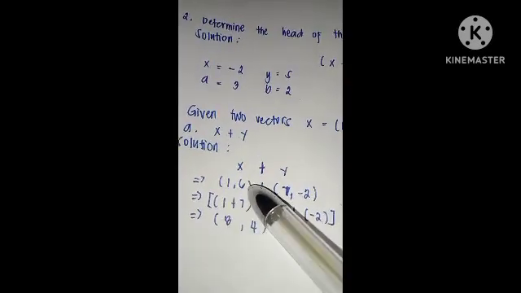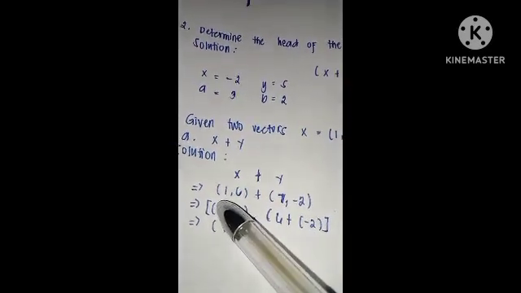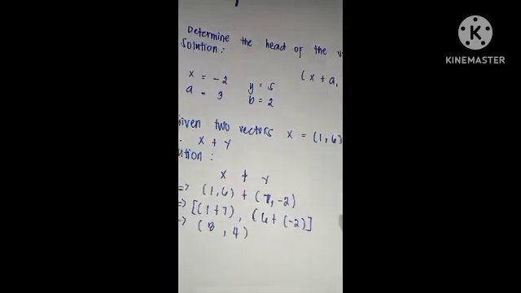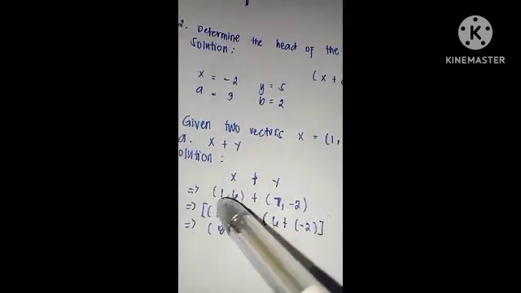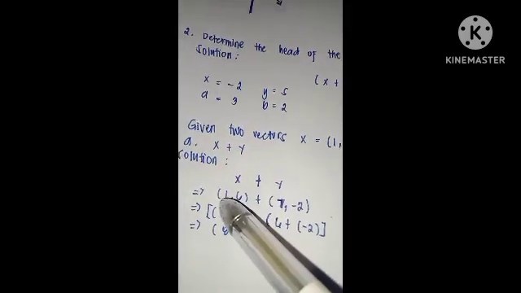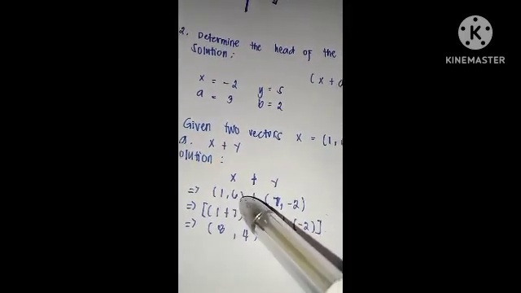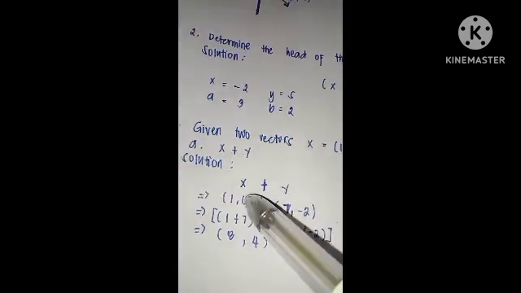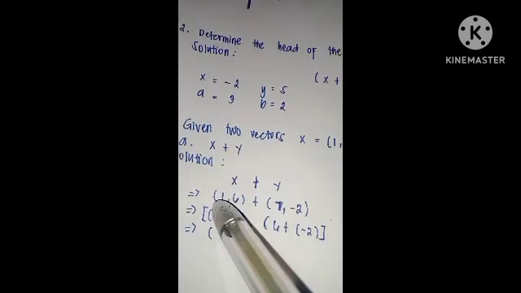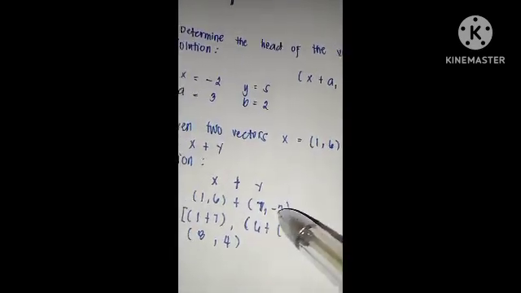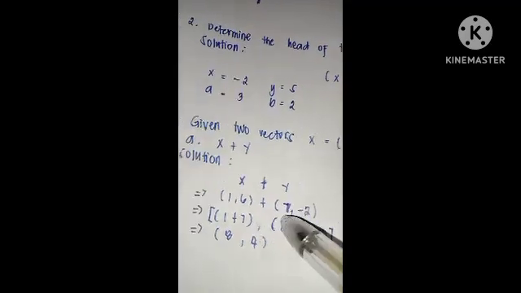Before that, we will combine the x value of 1 and 6 and the x value of 7 and -2. The x value of 1 and 6 is 1, and the x value of 7 and -2 is 7.